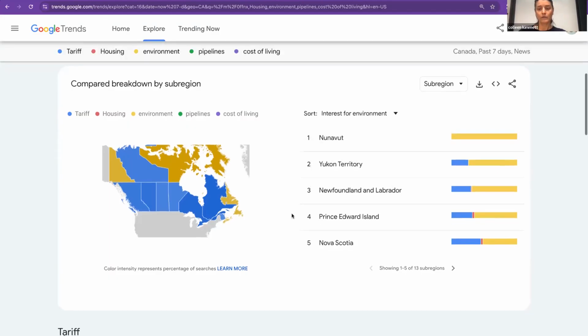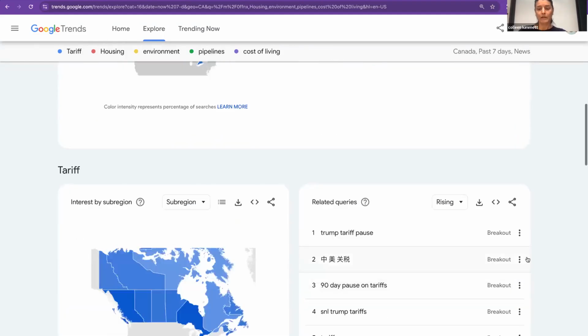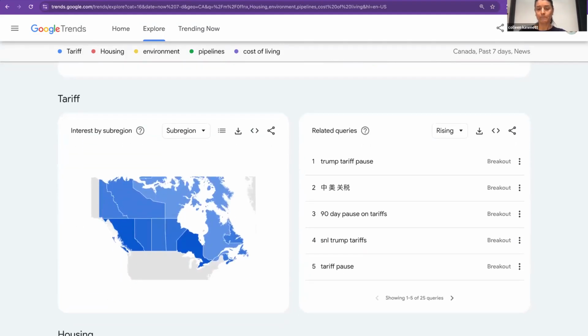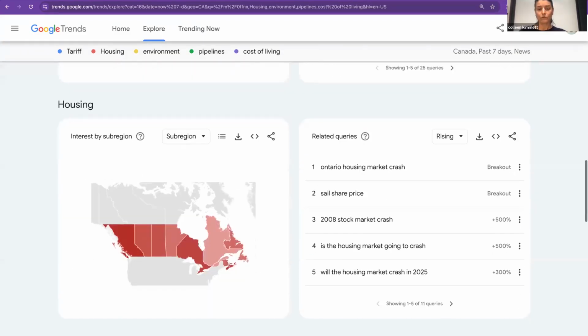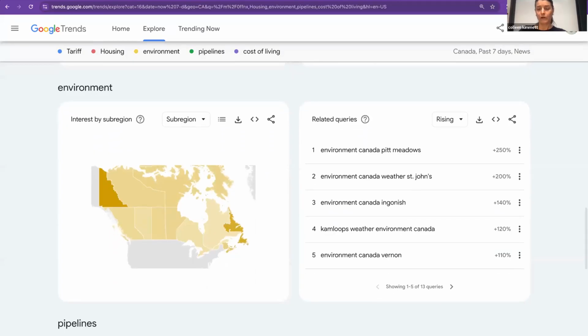We can navigate through here. And then again, related questions to the tariffs, to housing, to environment. It looks like environment is actually people looking up the weather.